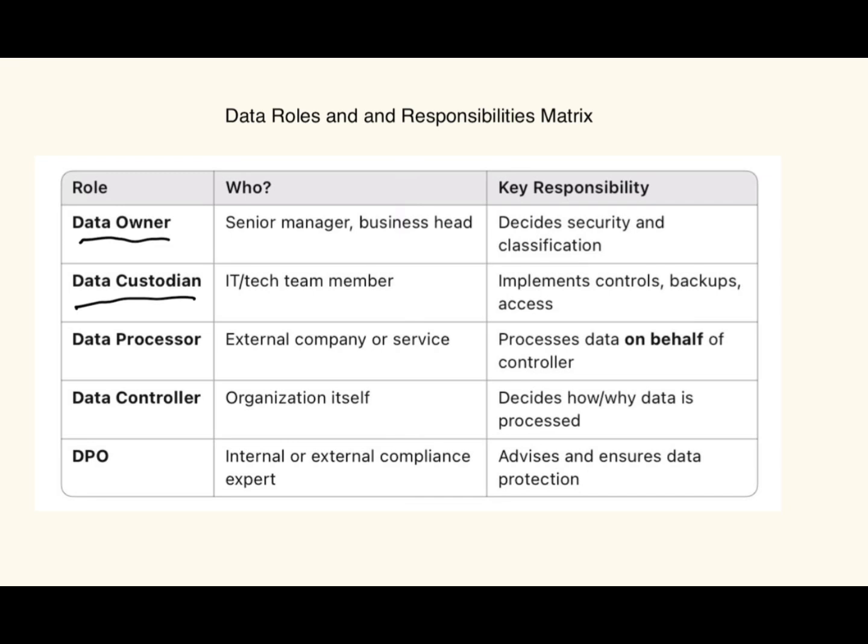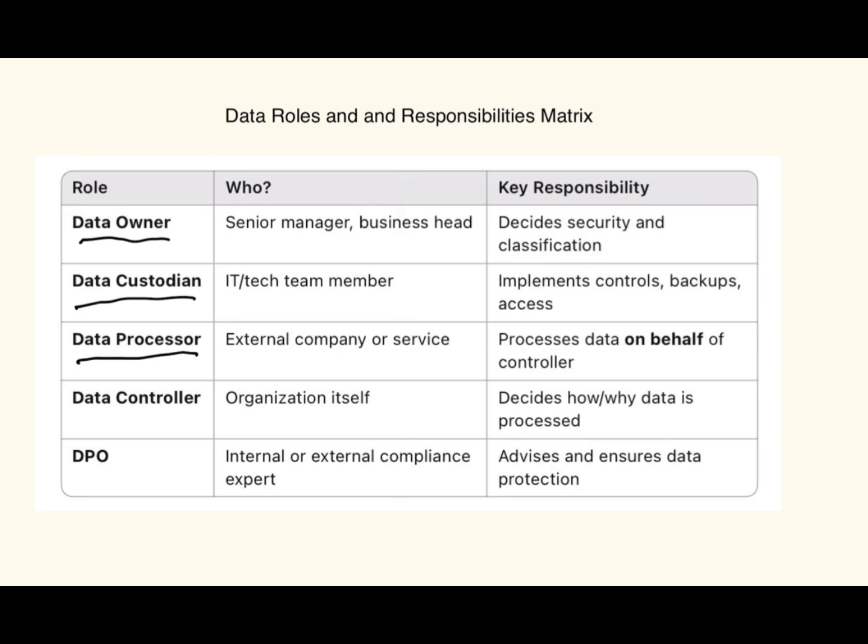A real life example, an IT administrator who maintains the database and ensures backups are working. If the CFO says only managers can access these reports, the custodian sets up those permissions, right? So that is about data custodian, and now let's talk about data processor.